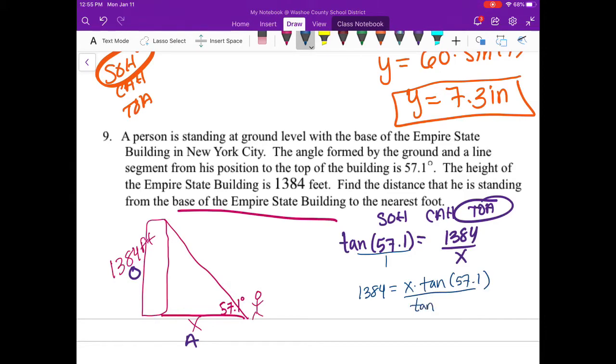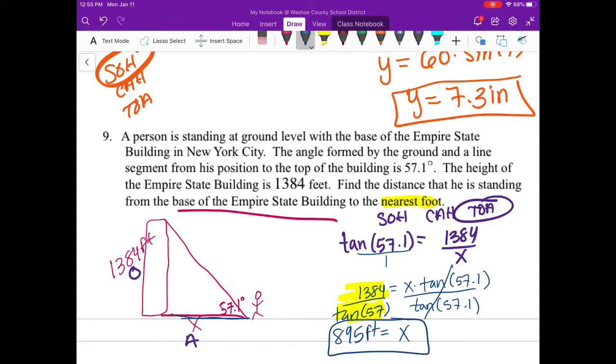Then we divide both sides by tangent of 57.1. And that's going to get x by itself on the right. So I need to enter all of this into my calculator right now. And when I do that, I'm going to round to the nearest foot. And my answer comes out to be 895. And that's feet. So this person is standing 895 feet from the building. Okay?